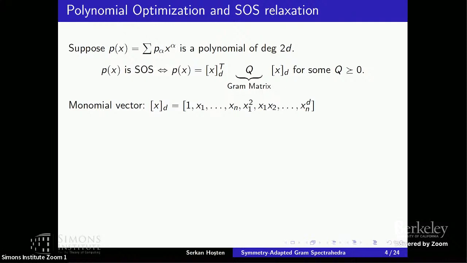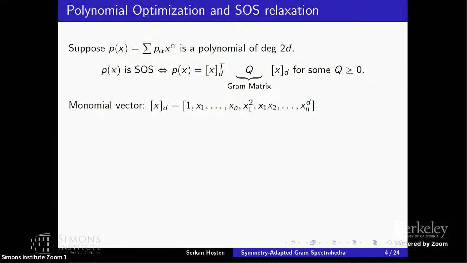Represents means you put the symmetric matrix in the middle, with the vector of monomials up to degree d on either side, if your polynomial is of degree 2d, and then multiply it out. And we know that this polynomial is a sum of squares if and only if the middle symmetric matrix is positive semidefinite. Such a matrix is called a Gram matrix.